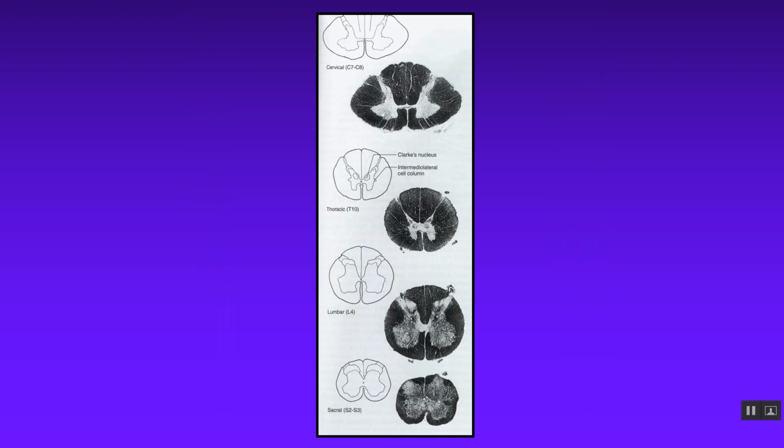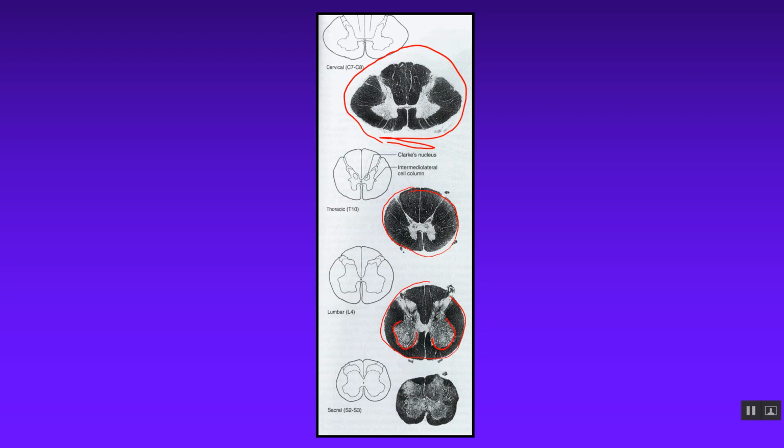This is just showing you some cross sections starting in cervical. This is in the cervical enlargement here, how nice and big. It's a little wider medial to lateral than it is anterior to posterior. Once you get into the thoracic spine, the spinal cord gets a little more round. When you get into the lumbar spine, you start to see the anterior horns get bigger.